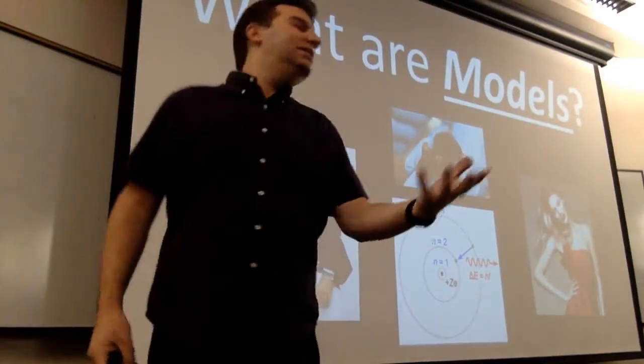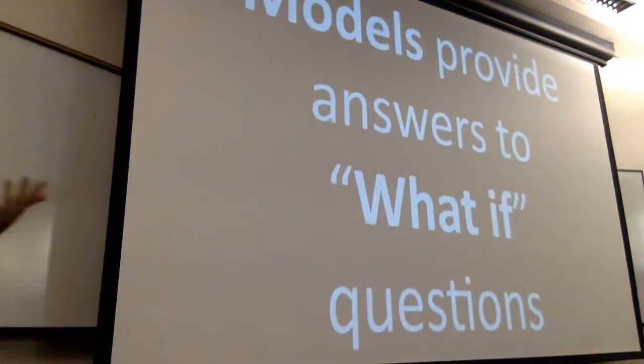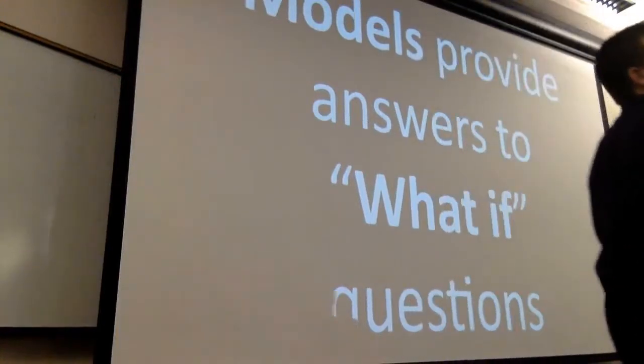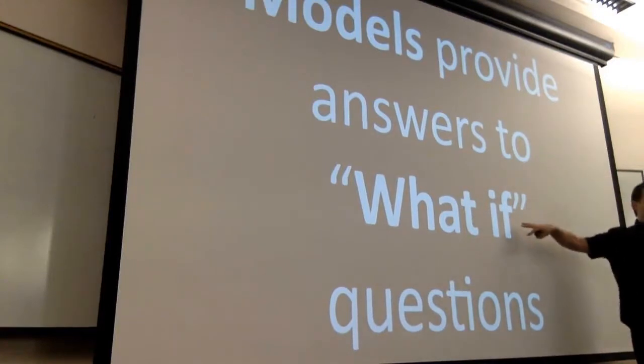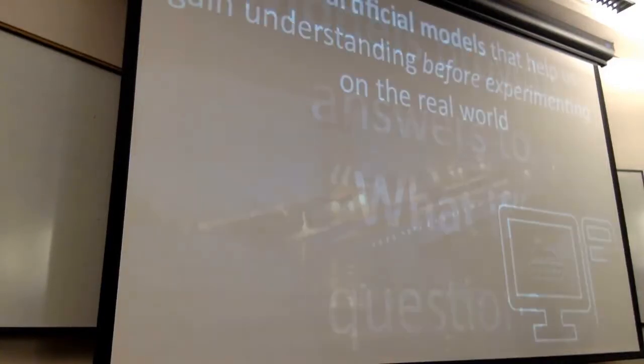My claim was that anything that comes under this name model answers, or at least helps you answer, a what-if question. That's my general definition of a model: something that tries to answer a what-if question. The goal is not for the model to be a perfect, accurate representation of the world. The model might leave a lot of things out from the real world, but if it gives us the ability to move forward in the real world, it's still a useful model.